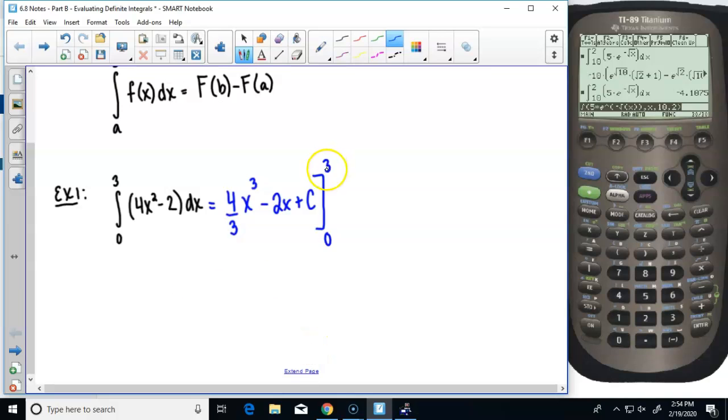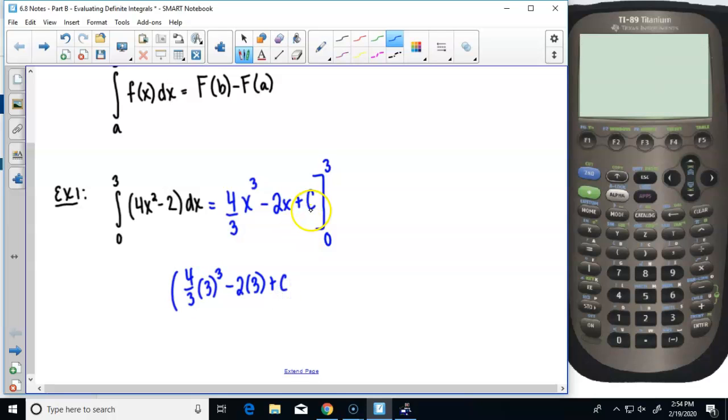Okay, so now what I need to do is find, this is my integral, now I need to find that capital F of 3 minus the capital F of 0. So I would plug in 3 to my equation: 4 thirds times 3 to the third minus 2 times 3.